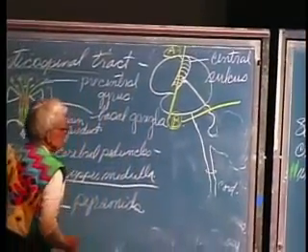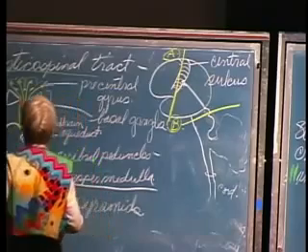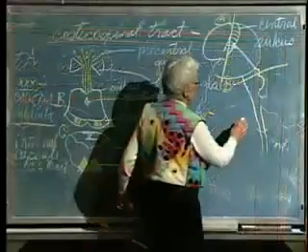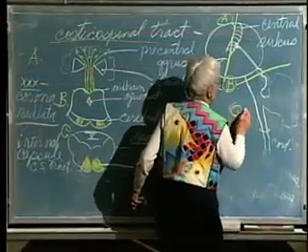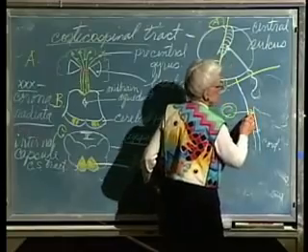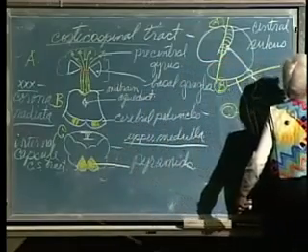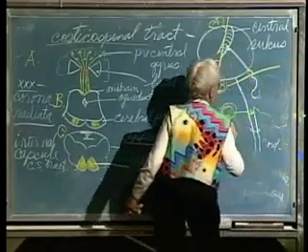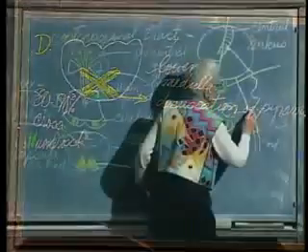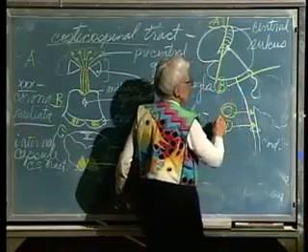And C, this is B, and this is C. Down here, upper medulla. And then D is lower medulla. So we get them from all directions, so you become familiar with them.